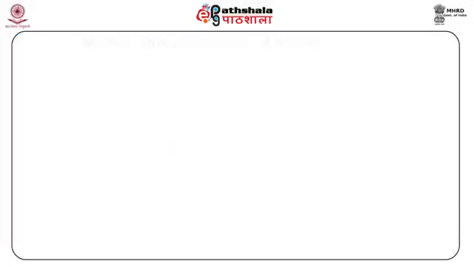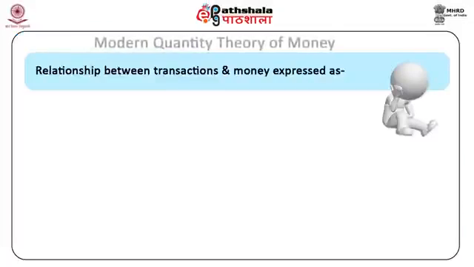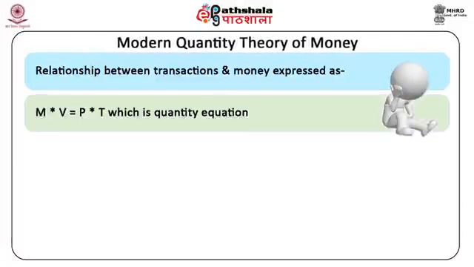People hold money to buy goods and services. The more money they need for these transactions, the more money they hold. Therefore, the quantity of money in the economy is related to the number of rupees exchanged in transactions. The relationship between transactions and money can be expressed as M into V is equal to P into T, which is the quantity equation.